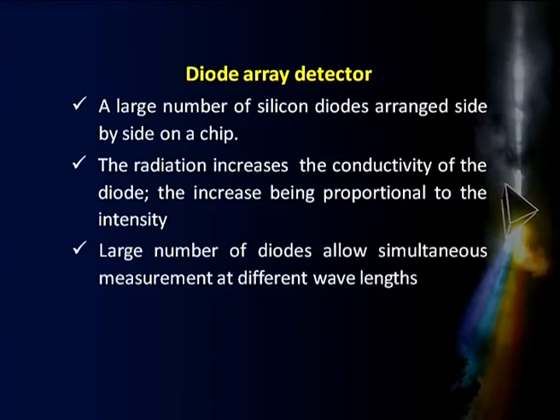Now, the basic premise here is that in this detector, you have a chip on which a large number of diodes are placed. Since there are so many diodes, when the radiation falls, different kinds of radiation can be measured simultaneously, in one go.